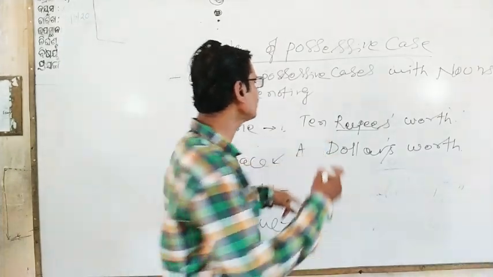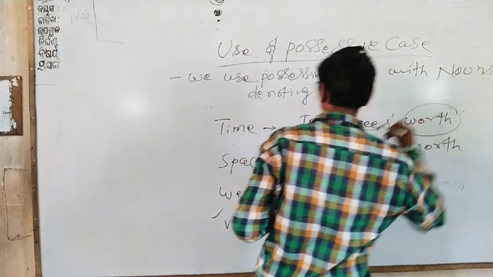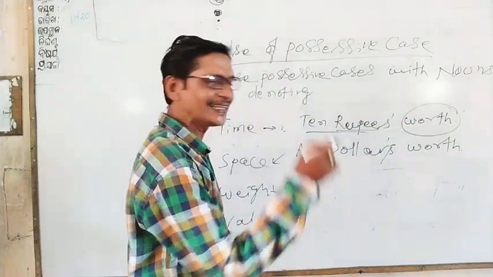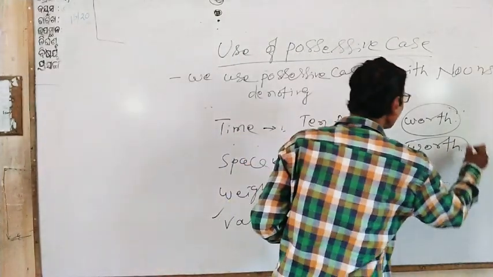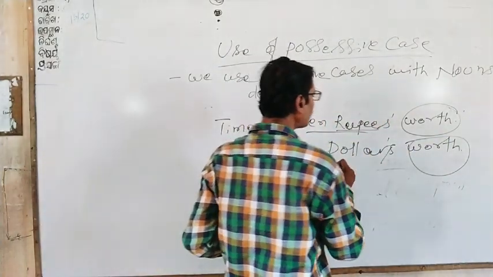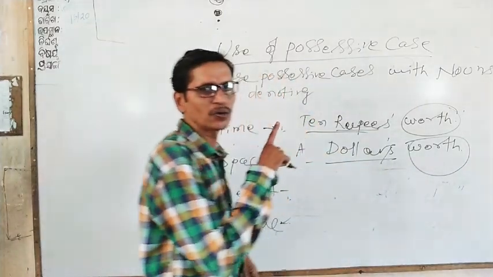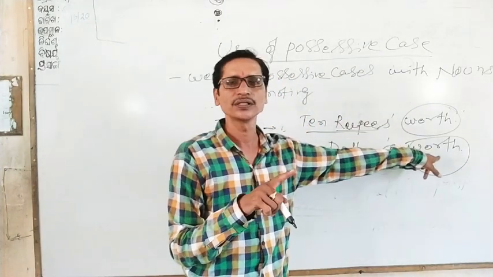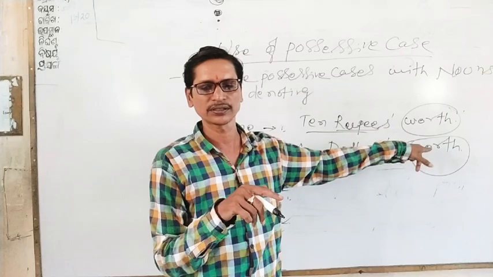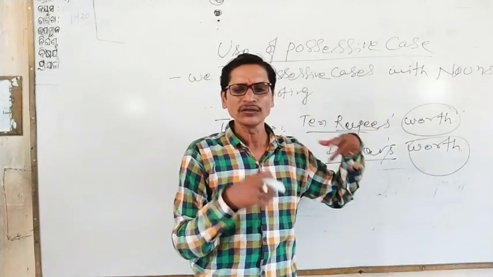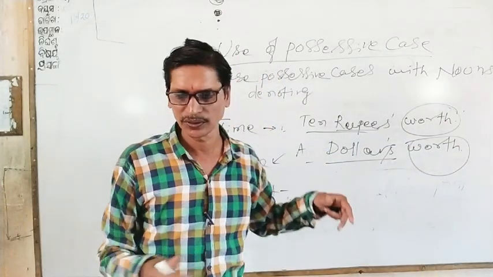But today you understand, though it is talking about the worth, that means the value. In that case, we are using the possessive case with the noun which is talking about the value or the worth. Okay? So now let's discuss another.